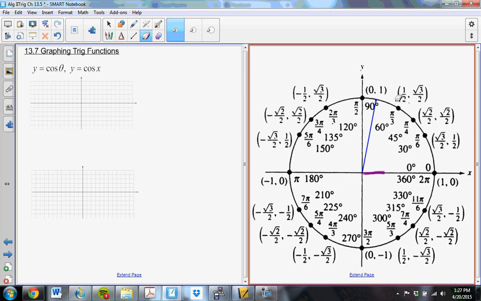So as the angle of cosine increases, the horizontal distance moves from 1 all the way down to just 0 when you're right here on the y-axis. Then as that angle theta keeps increasing, from 90, the horizontal distance keeps on increasing. And as it increases, you end up all the way out at 1.